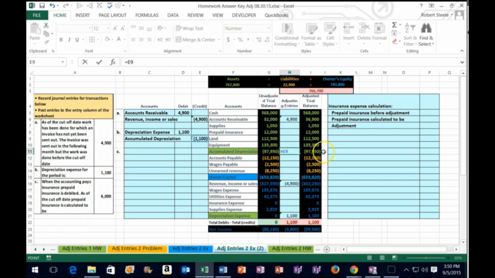The credit goes up in the credit direction, so the contra asset goes up, which brings the book value, which is this minus this, down. So the book value went from 37,350 down to 36,250, which of course is a difference of 1,100.